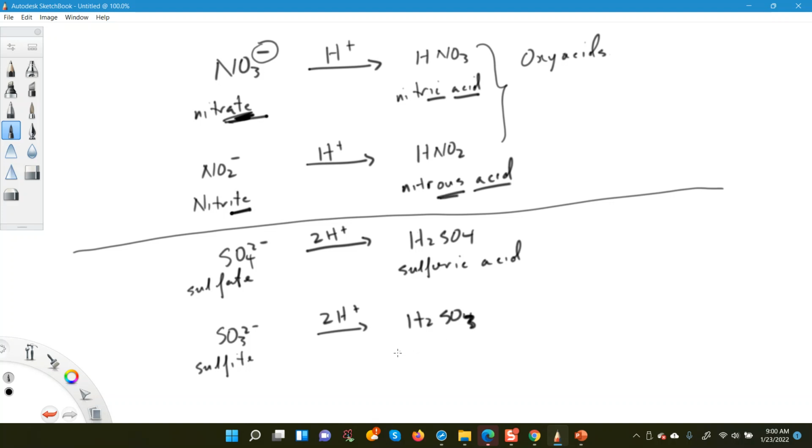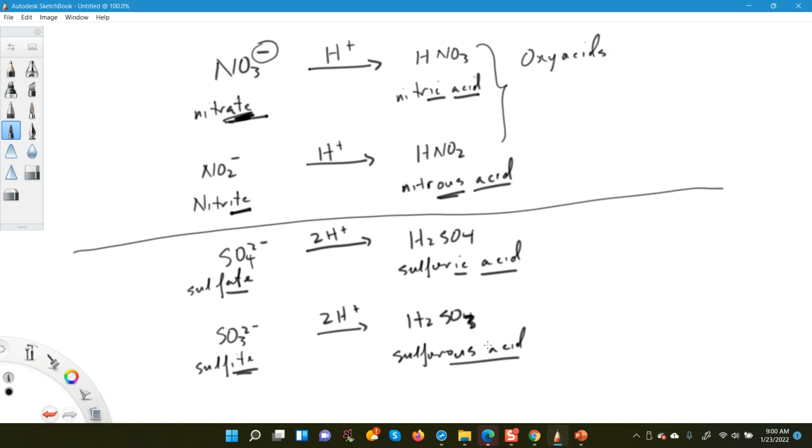Sulfurous acid would be the resulting name because it is formed from the sulfite ion. So ate to ic acid, ite to OUS acid. That's basically how we name oxyacids.